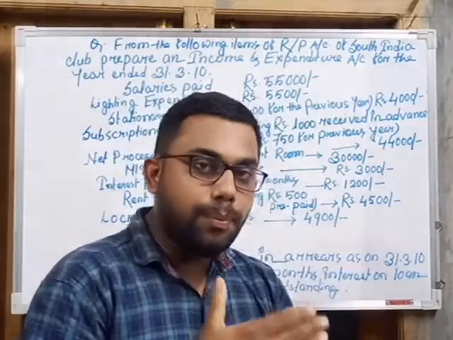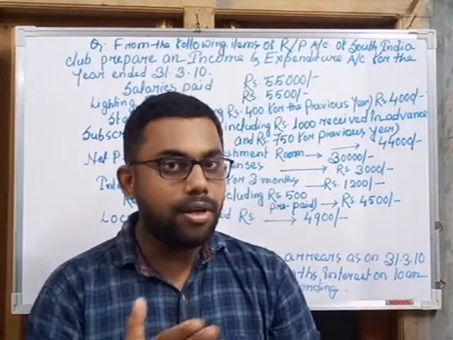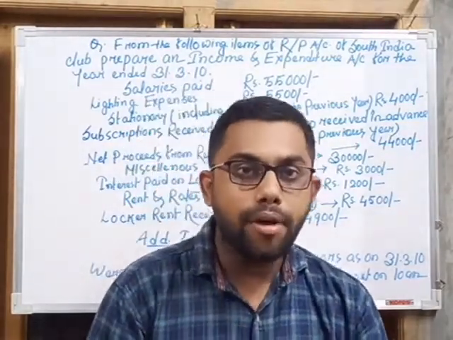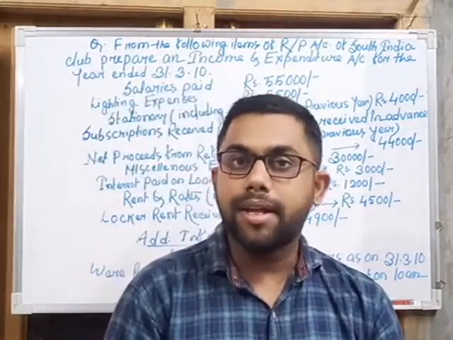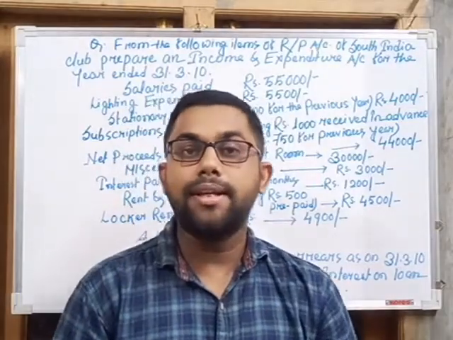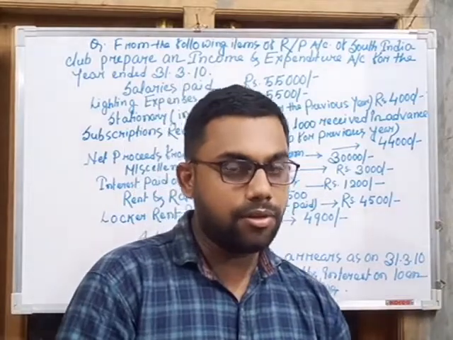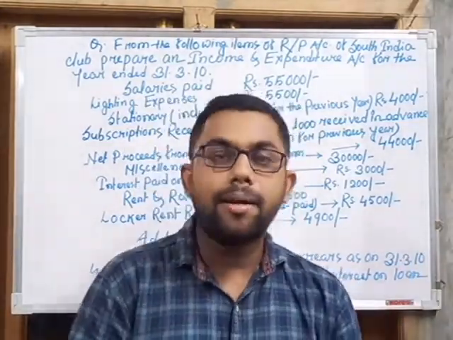Okay, so before starting our income and expenditure account, I have solved some of the questions for two main important items of income and expenditure account. That is, one is subscription and another is salary. We can say that subscription is the income for the not-for-profit organization, so it will be credited in the income and expenditure account.